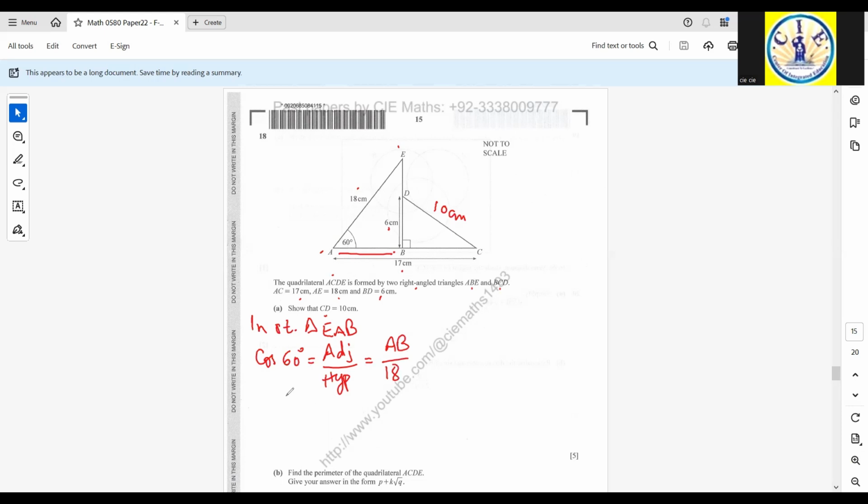So cos 60 has got a value of 1 by 2. This is times AB. So the value of AB is 9 centimeters.